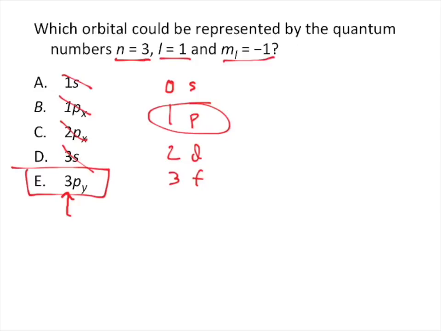Now, m sub l of negative 1 tells us there are going to be 3p orbitals. Your options are negative 1, 0, or plus 1. We don't know which one relates to x, y, and z. I mean, scientists know, but that's not something I need you to know, so that part doesn't matter. I put 3py on here. Great, right? You know it's 3p, and that's enough to answer the problem.